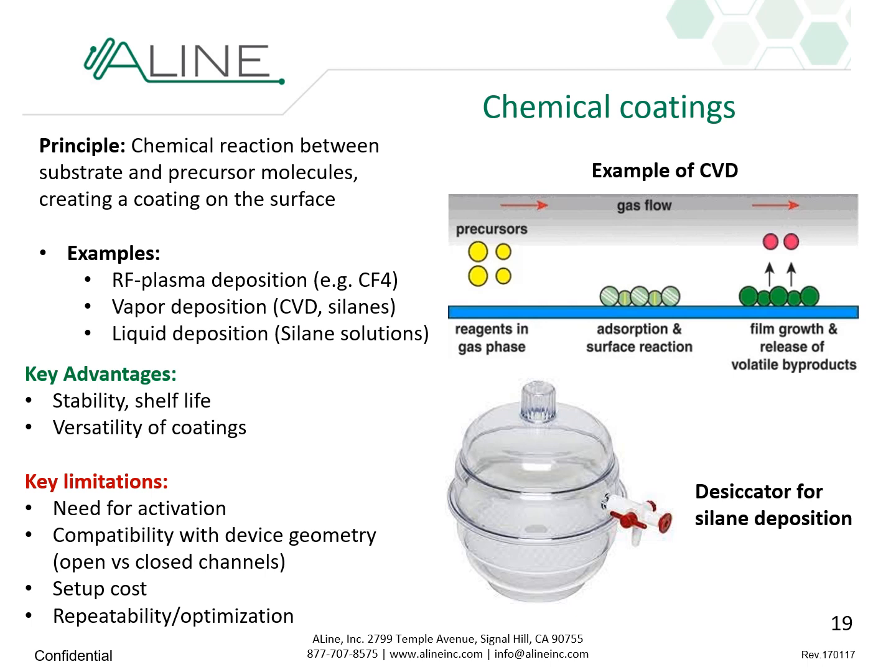Examples of these are plasma deposition, for example, for depositing fluorinated materials like CF4, vapor deposition, CVD or silanization, which is a pretty popular process, and then liquid deposition that typically can be used for silane, so for other things that are in solution rather than in gaseous form.